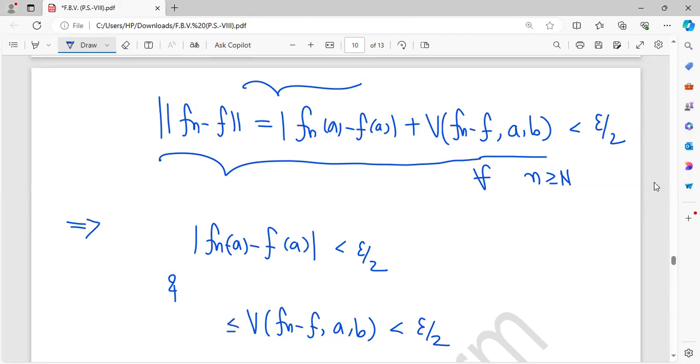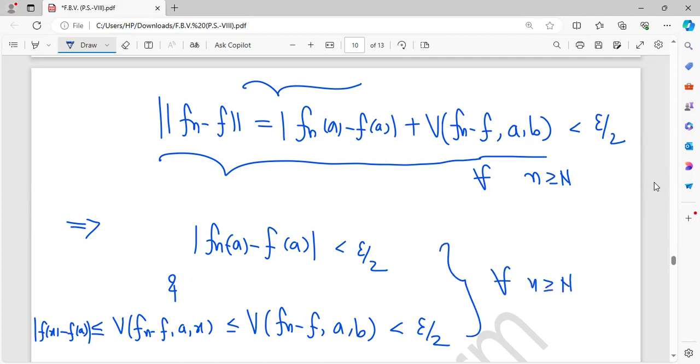But this is always less than or equal to the norm of (f_n minus f_m), and |f_n(x) minus f_m(x)| for x belonging to the closed interval [a, b]. This is for all n greater than capital M.